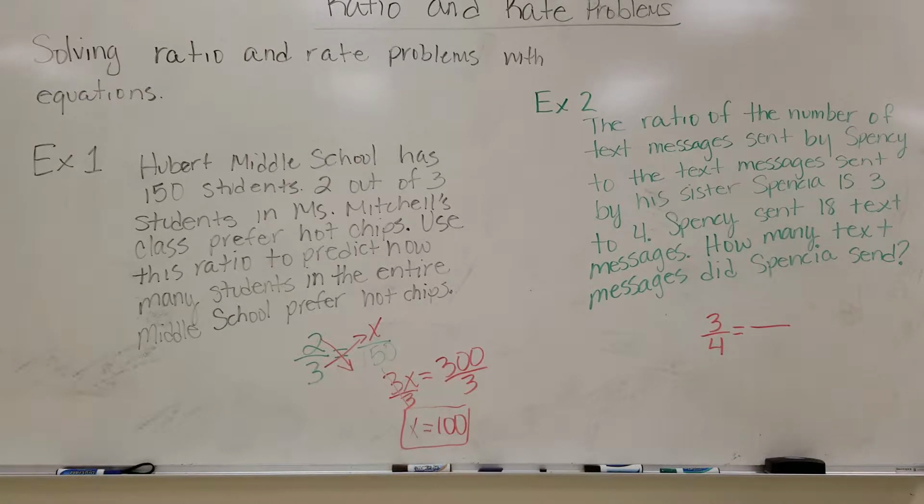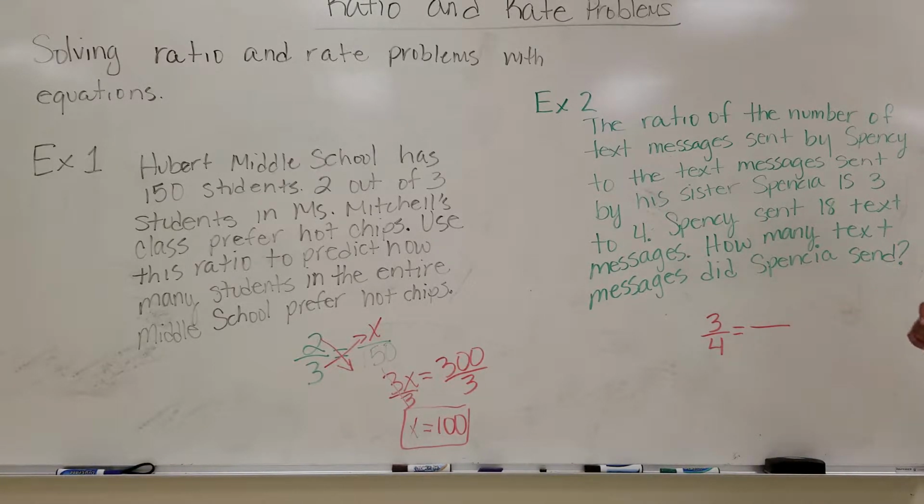So, remember, the ratio is text messages from Spency to Spencia. Spency to Spencia. You see how the pattern is going? So if it's Spency to Spencia over here, we have to follow that same pattern on this right side.